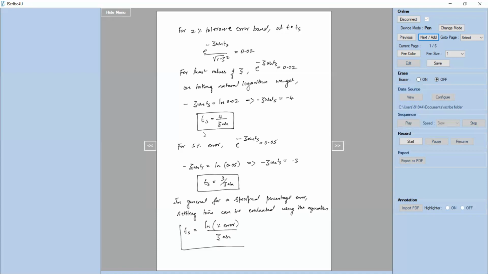This is the generalized settling time expression. So this is about the time domain specification expressions we have derived for all the specifications.